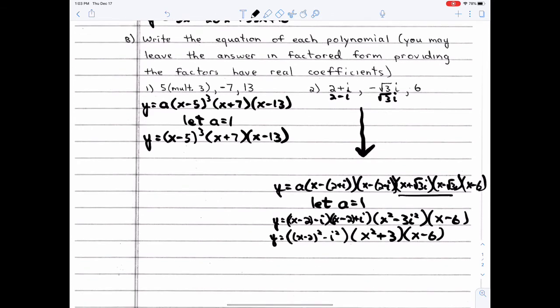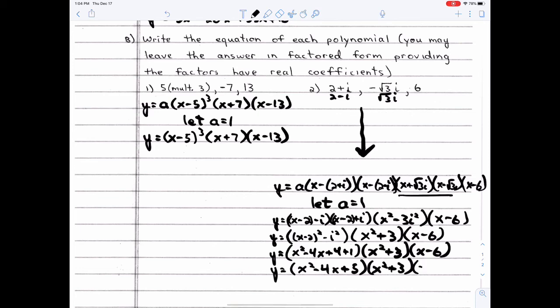Okay, now let's multiply this out. So this is going to be x squared minus 4x plus 4 plus 1. And then this is x squared plus 3 and x minus 6. And the final thing would be x squared minus 4x plus 5 times x squared plus 3 times x minus 6.